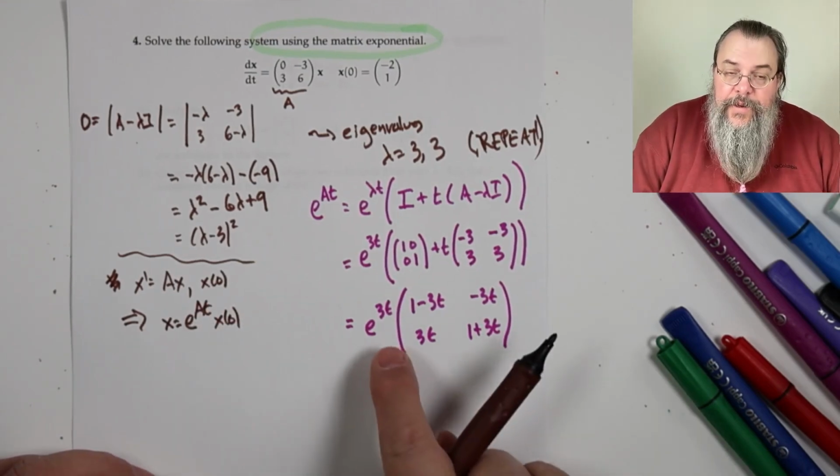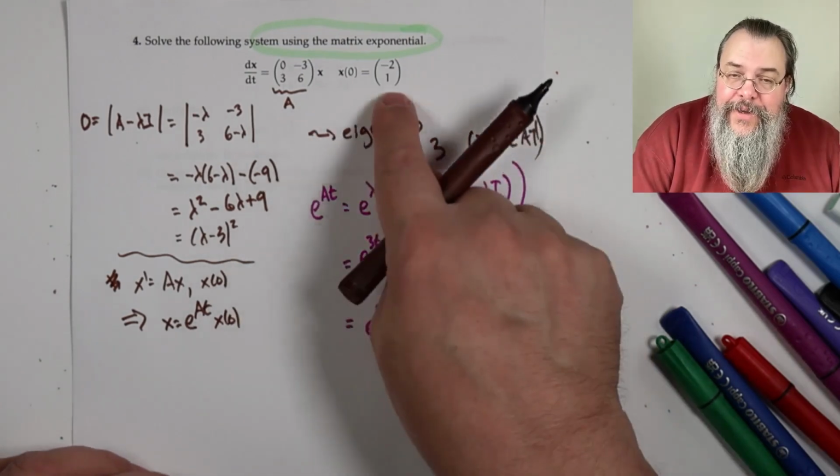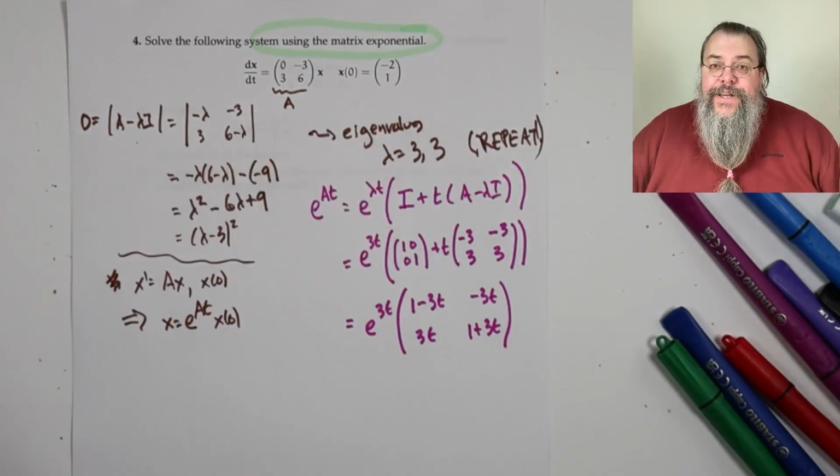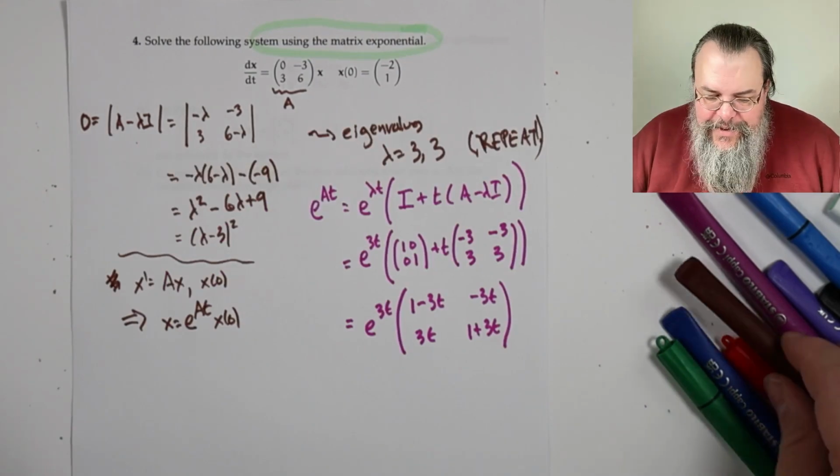So we have e to the At, we have x0, so the last thing for us to do is multiply, and then life is good.